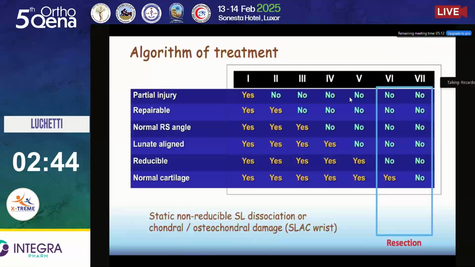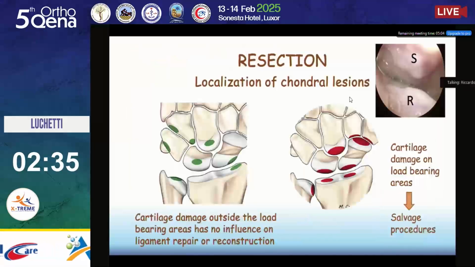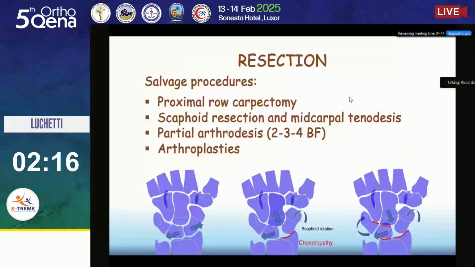And this is the condition for the resection technique, in which you have the static non-reducible scapholunate dissociation with chondral or osteochondral damage. Osteochondral damage in the red line, in the right side, you can see the position in which you can have the osteochondritis in the position of loading, and this is the correct indication to not make a reconstruction, but make a resection.